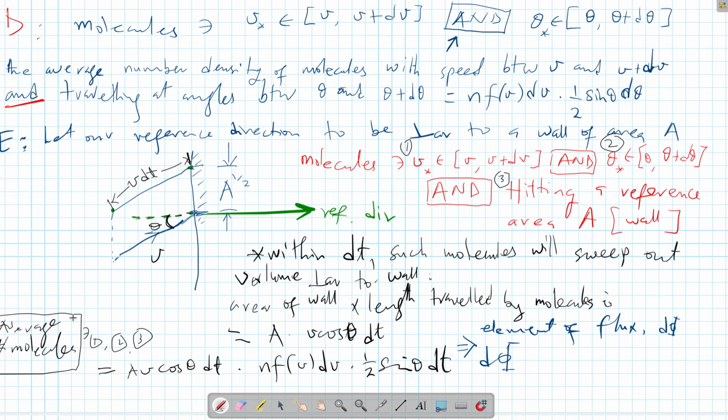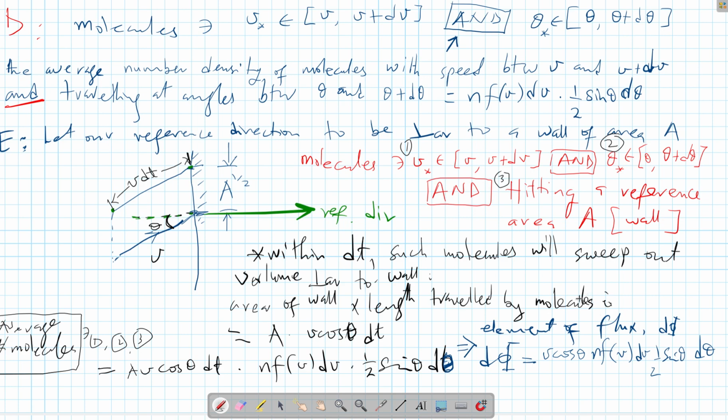So the elemental flux is then going to be equal to v cos theta n f of v dv times 1/2 sine theta d theta.